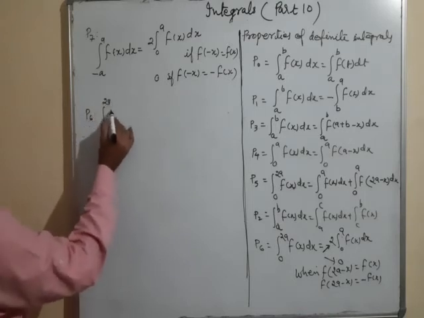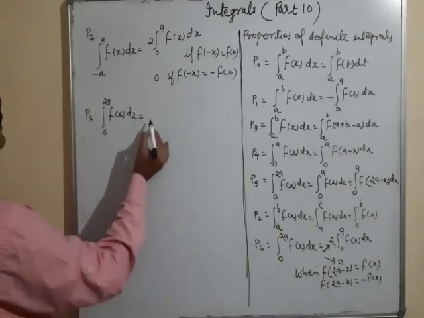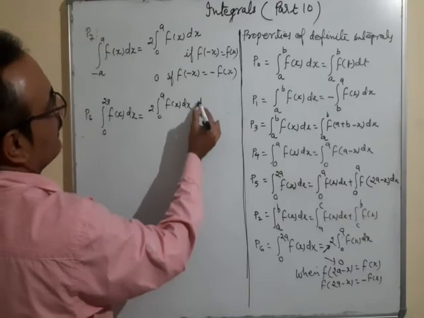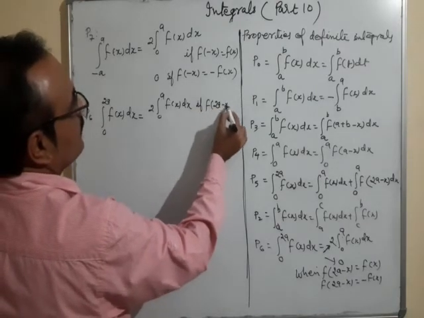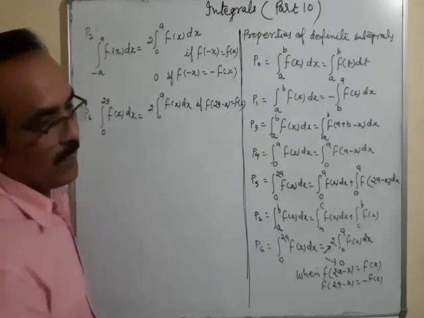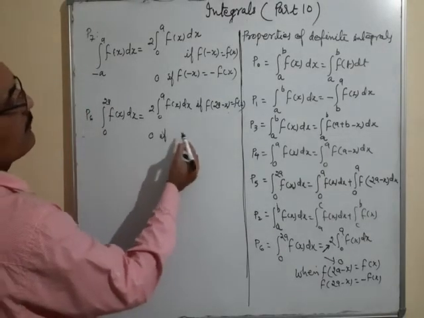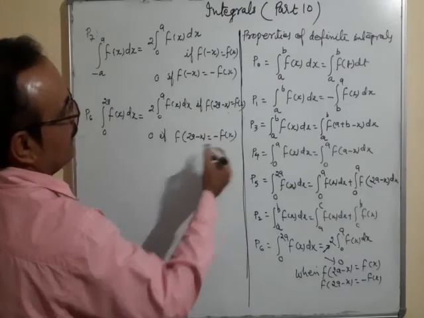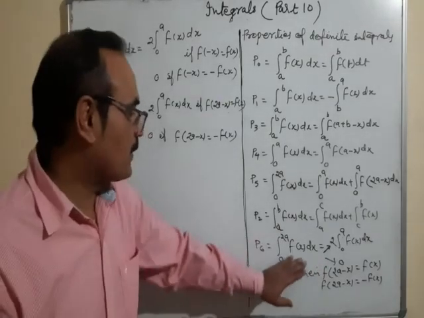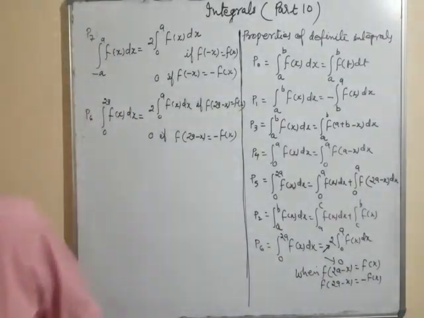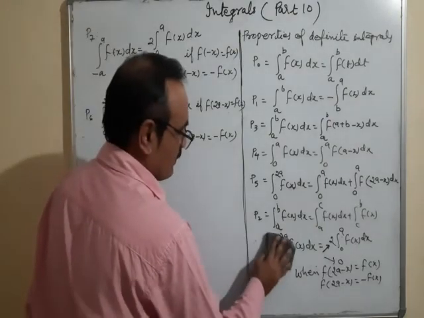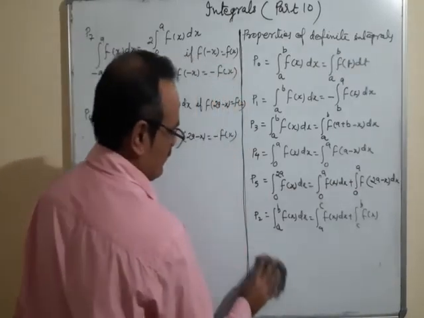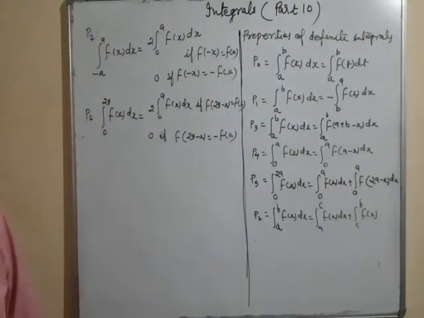The integral from 0 to 2a of f of x dx is equal to 2 times the integral from 0 to a of f of x dx if f of 2a minus x is equal to f of x, and 0 if f of 2a minus x is equal to minus f of x. So this is property number 6, which I have written specially. How to use these properties? Just let me revise first.